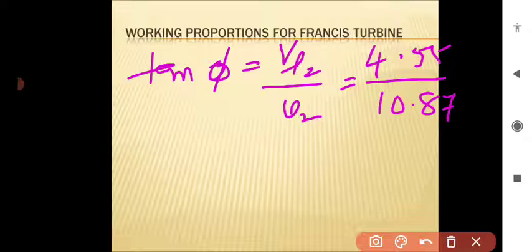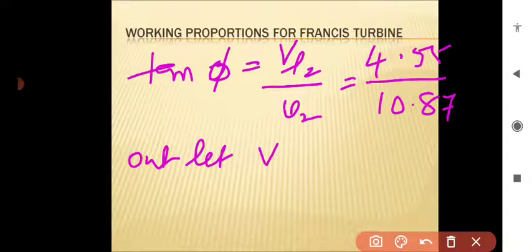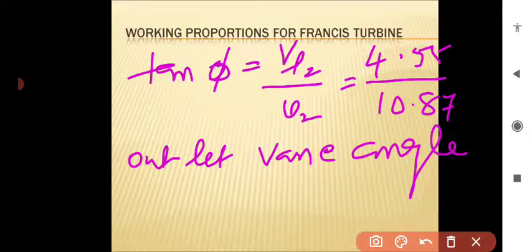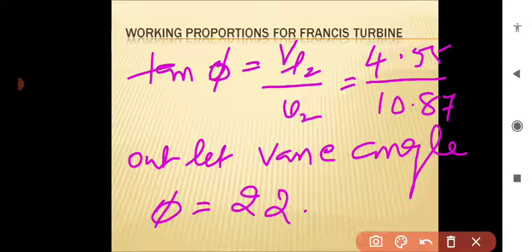If you calculate it, you will get the outlet vane angle phi is equal to 22.7 degrees. So this is the outlet vane angle for the given Francis turbine with the given data.